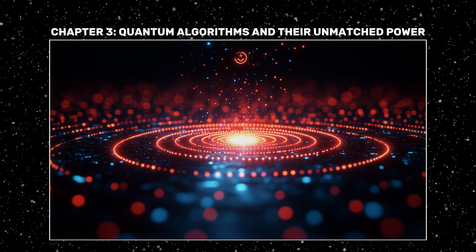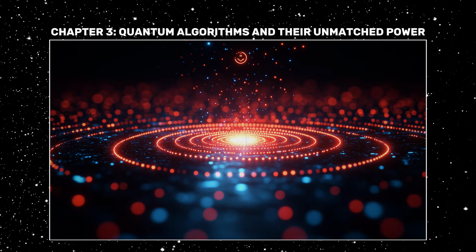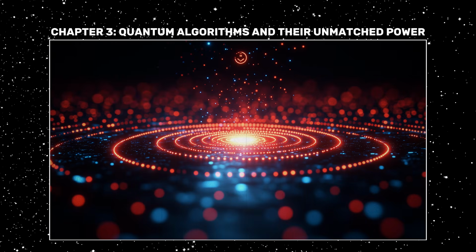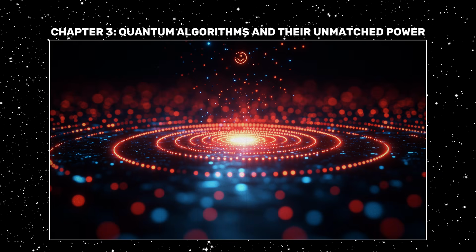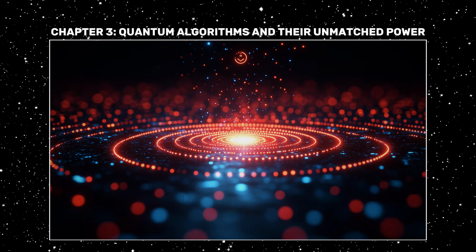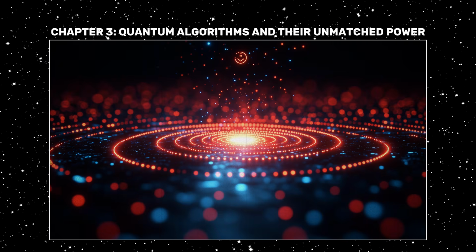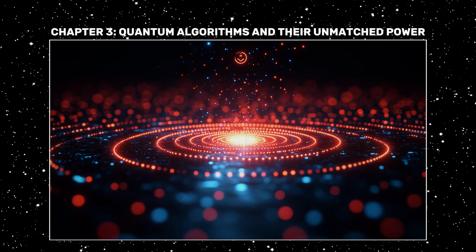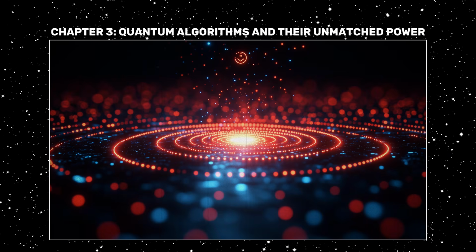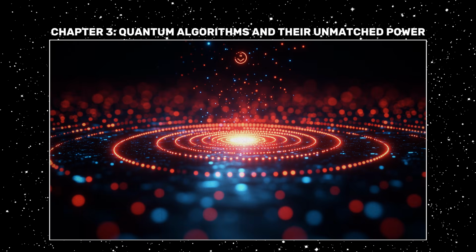A foundational technique behind many quantum algorithms is the quantum version of the Fourier transform. Conceptually, this transformation decomposes a superposed state of qubits into frequency domain components, enabling efficient extraction of periodicity information.